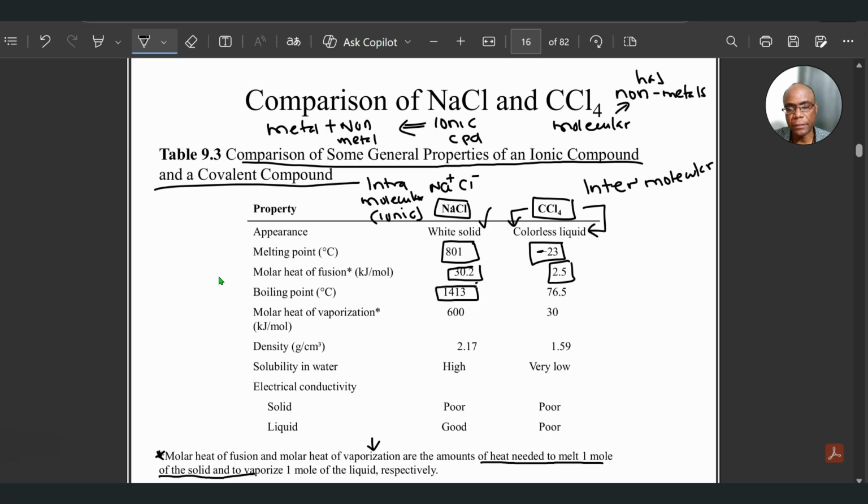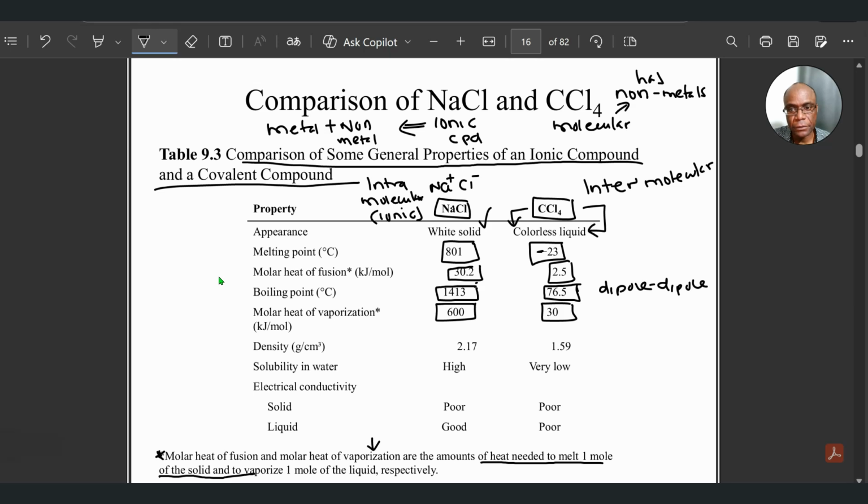Because of ionic bonding, which is stronger, it's difficult to boil off sodium chloride, but it's easier to boil off carbon tetrachloride because all that you have there, the intermolecular forces between the carbon tetrachloride, is actually some dipole, which is weaker than sodium chloride. All right, same story for heat of vaporization. You're just focusing on a strong ionic bonding versus the dipole.